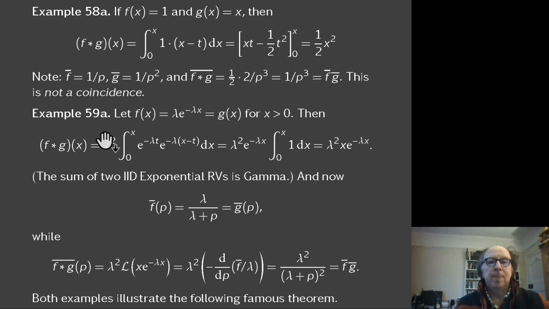Here's another example. Suppose that f and g are both equal to lambda e to the minus lambda x, where lambda is a positive constant and x is positive, of course.